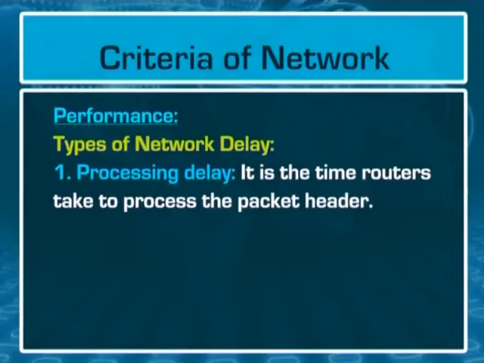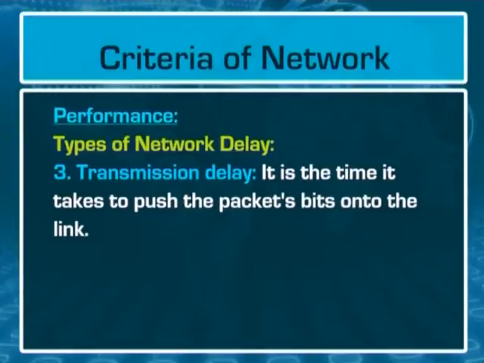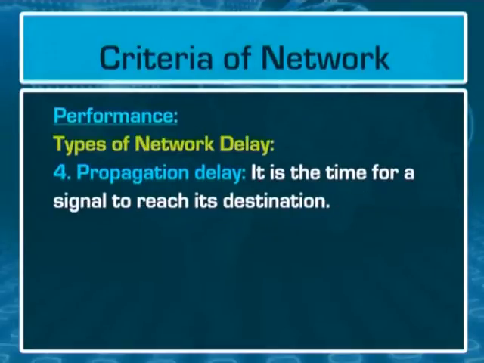Number 1, processing delay. Processing delay is the time routers take to process the packet header. Number 2, queuing delay. It is the time the packet spends in routing queues. Number 3, transmission delay. It is the time it takes to push the packet's bits onto the link. And number 4, propagation delay. Propagation delay is the time for a signal to reach its destination.